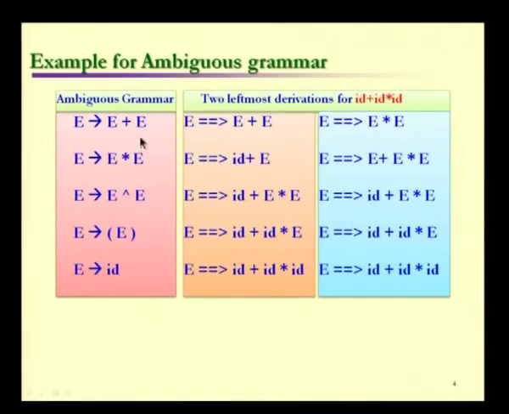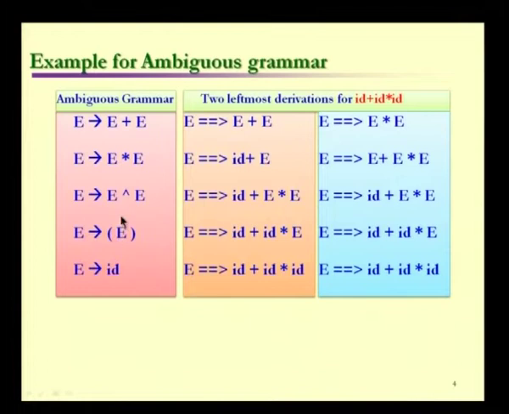So, now we can see one ambiguous grammar, here it is given. This grammar is the most familiar ambiguous grammar, that is an expression grammar. It has the productions E derives E plus E, E derives E star E, E derives E exponentiation E, and another one where an expression is enclosed in brackets, or it is going to be the symbol identifier.